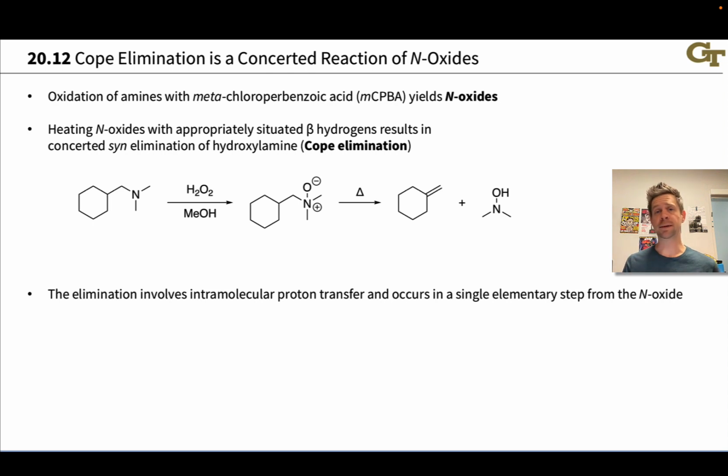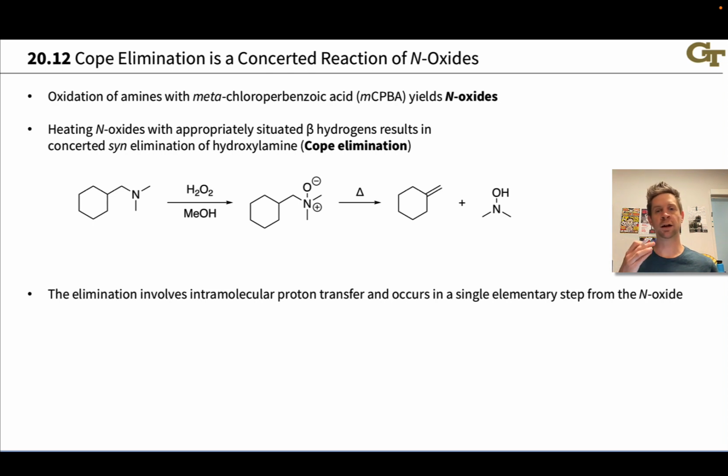In fact, if you take an amine and just leave it out in the open air, oxidation by O2 and other components of the air can lead to the production of N-oxides. They're a source of decomposition for amines that are just sitting out in open containers.